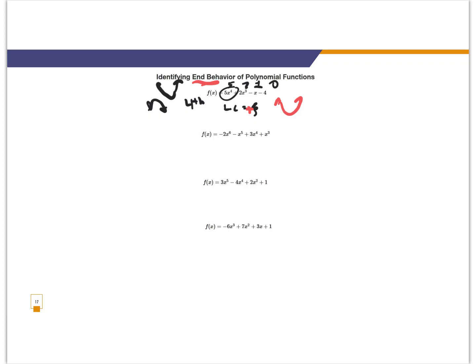If we're doing end behavior, then I need to know this. Okay. If both go up, I'm going to write as x goes to negative infinity, f of x goes to infinity. That means up.